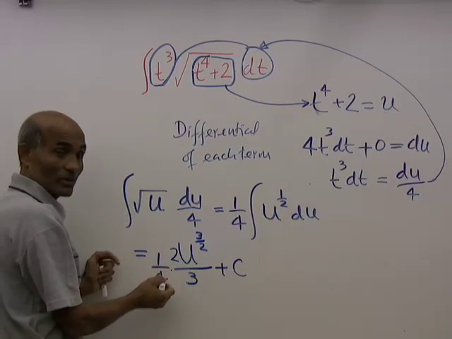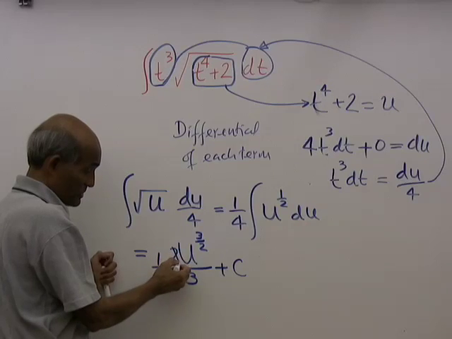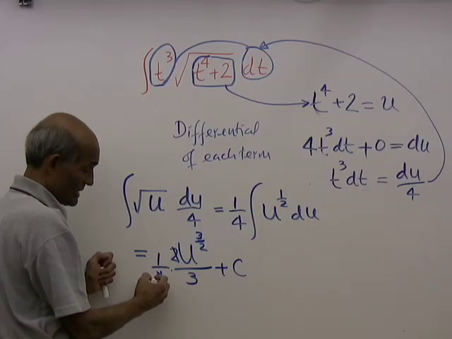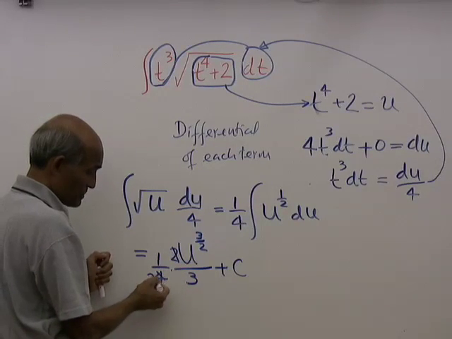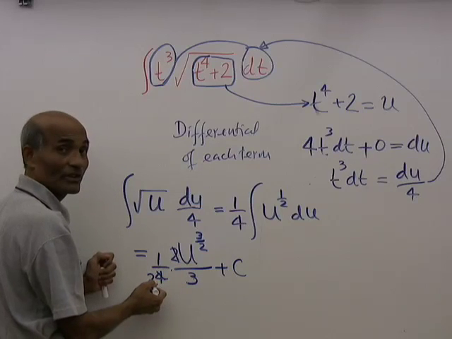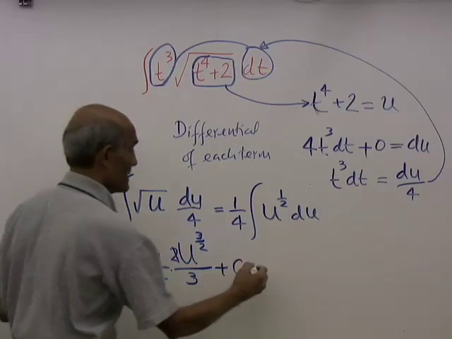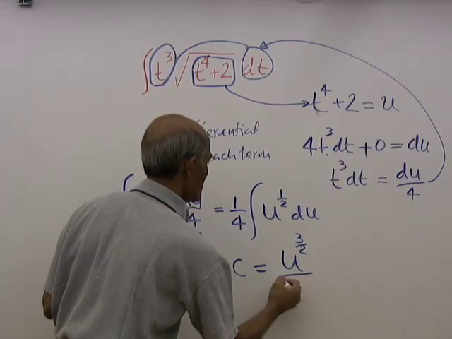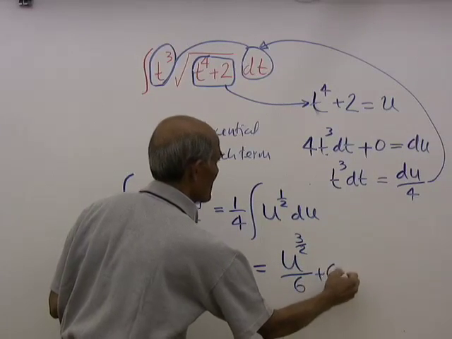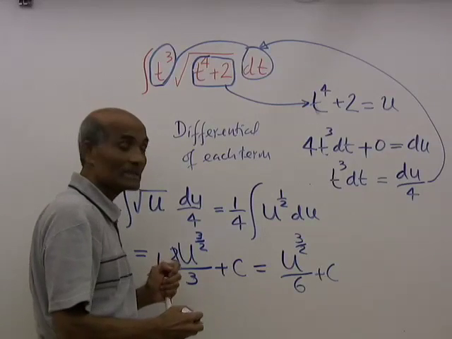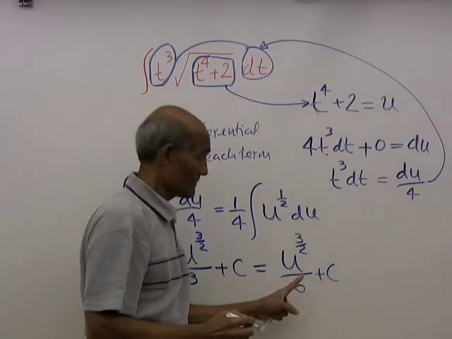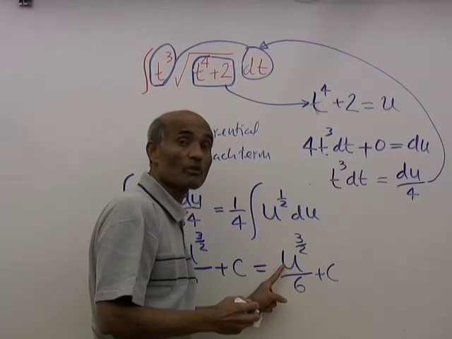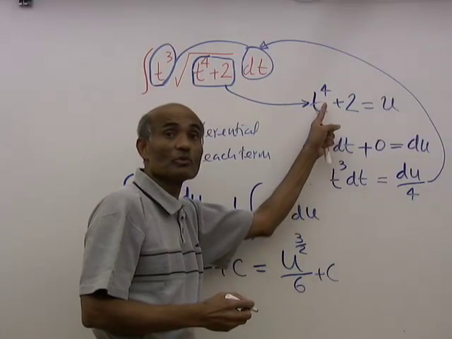And now you have the 2 goes with the 4, leaving 2. 2 times 3 is 6. Is that right? And you have u to the power of 3/2 over 6 plus c. But that is not the final result. Our final result comes only when you replace your u with this.